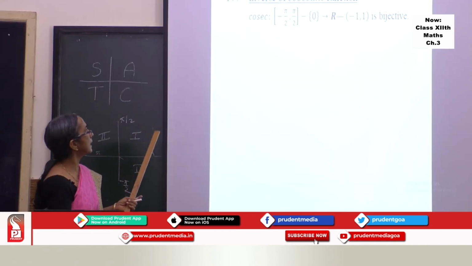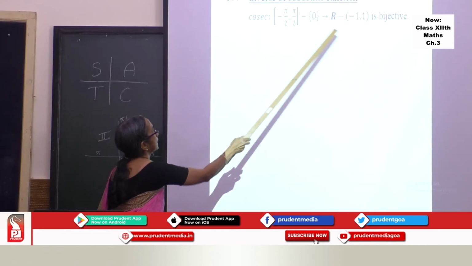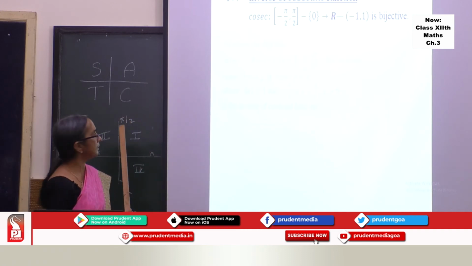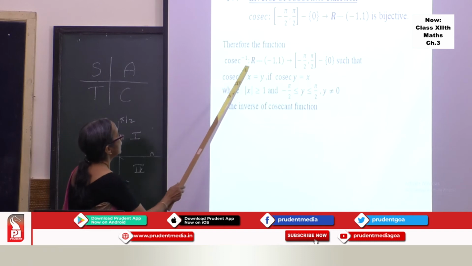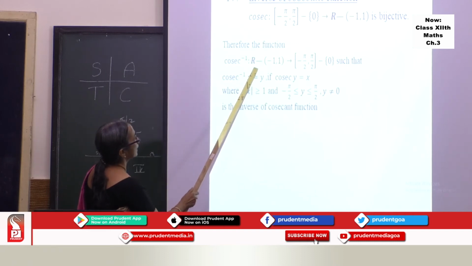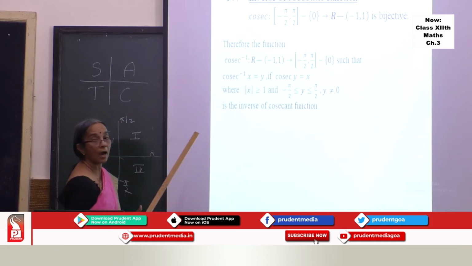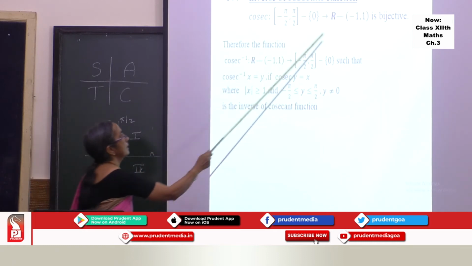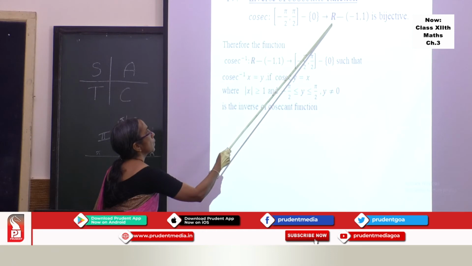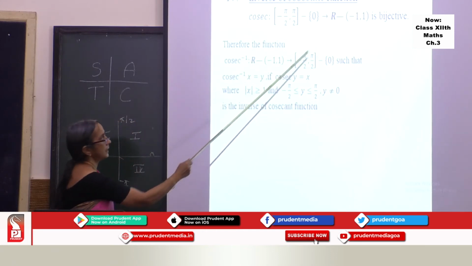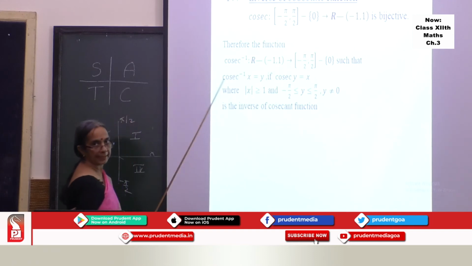This function is bijective. Okay, and now let us see what the inverse is. Therefore, the cosec inverse is a function from R minus this. This is the codomain, here the domain, so they become range. This becomes the range because it is a bijective function.